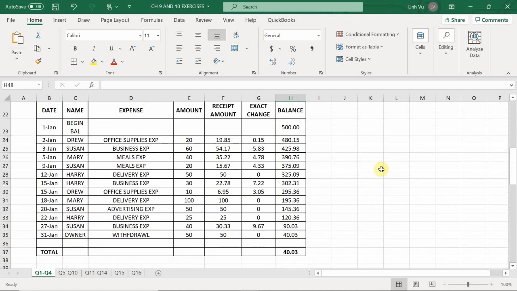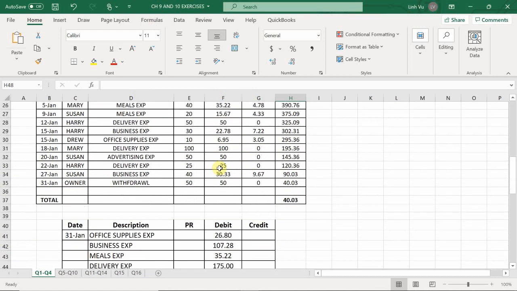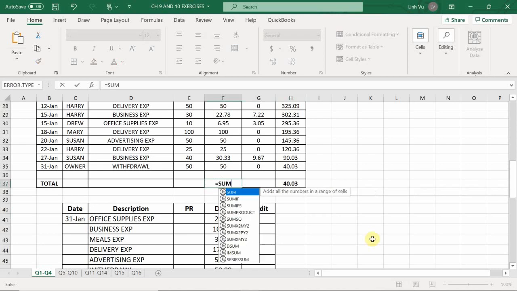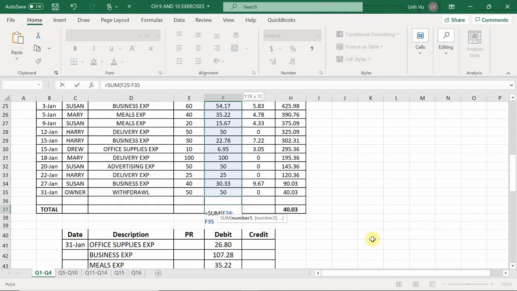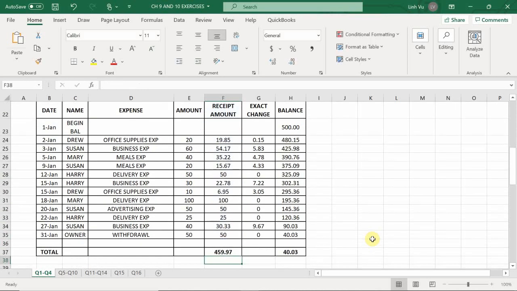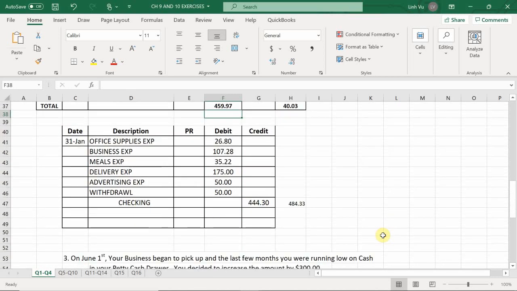So let's go ahead and go back up here again, and let's actually calculate the total amount of receipts. So let's go ahead and do that real quick. Equal sum here. Okay. Total amount of receipts should be $459.97. So therefore, I have a discrepancy. So I must have made a mistake somewhere.